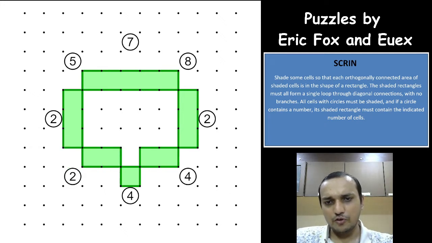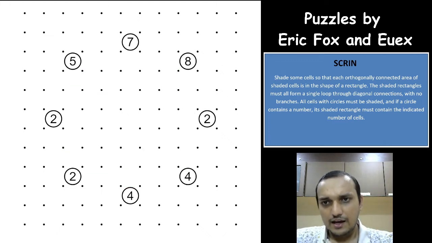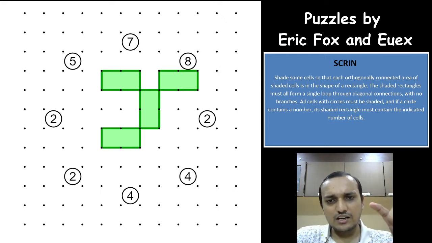You have to form rectangles in such a way that all the rectangles are connected to each other using diagonal connections. You can see here you have a diagonal connection for every rectangle, and with no branches, which means this rectangle doesn't have a branch. The connection is only within 2 rectangles, so this rectangle is connected with only 2 more rectangles, not a third.